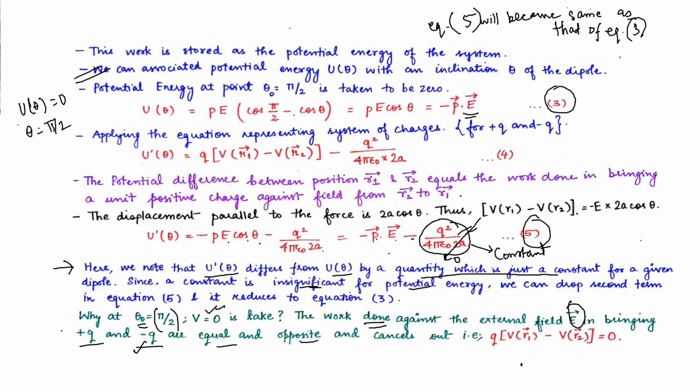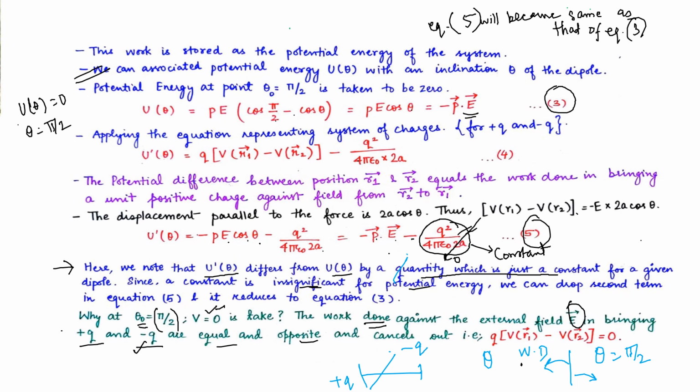So in this particular dipole, here is our minus q and here is plus q. At all theta, these give us some amount of work done. At theta equals pi by 2, at 90 degrees, the amount of work done to bring the dipole to this side or that side is 0.